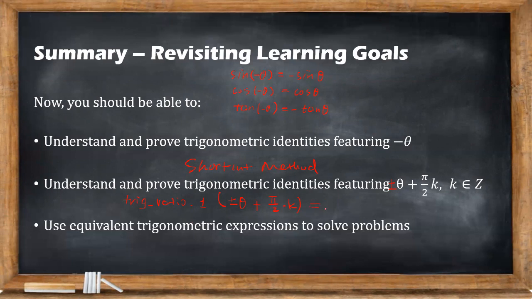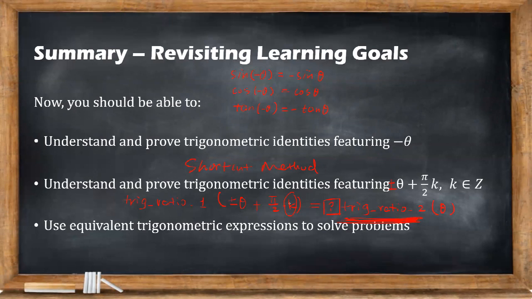And this can be rewritten as some trigonometric ratio here, and then theta. And then you also need to determine the sign in front of the new trigonometric ratio, right? And the trigonometric ratio name here is determined by considering the value of k, right?